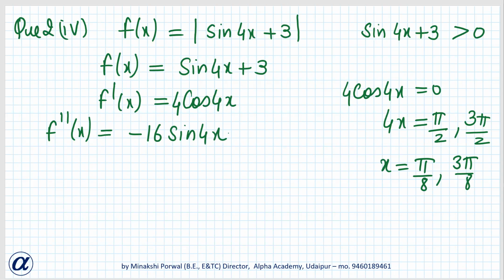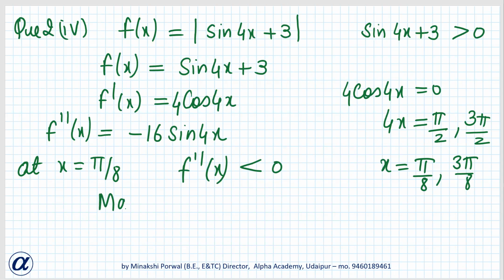Now substituting at x equals pi by 8. So f double dash x, pi by 8 means sine pi by 2. It will be less than 0. It will be negative. If f double dash x is negative, that means maxima at x equals pi by 8.